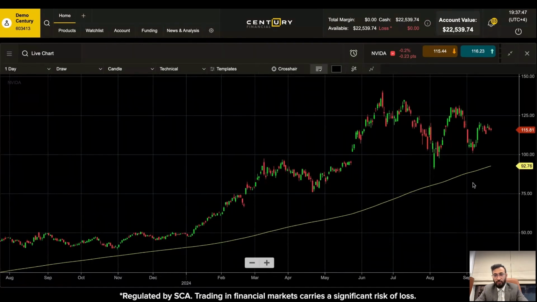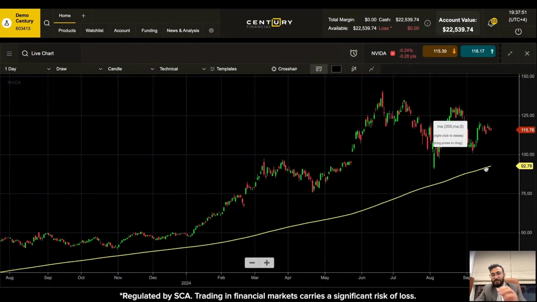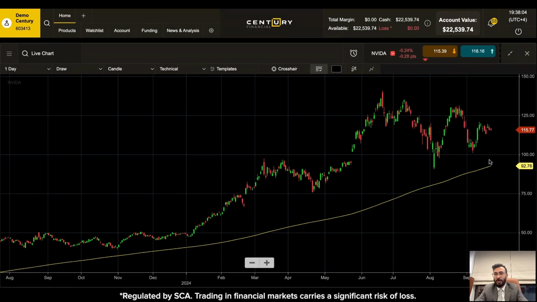Look at the 200-day moving average line. This 92.7 is the average closing price of Nvidia over the last 200 days. If we were to calculate the 200-day average closing price of Nvidia, it comes to 92. Right now it is still at 115.